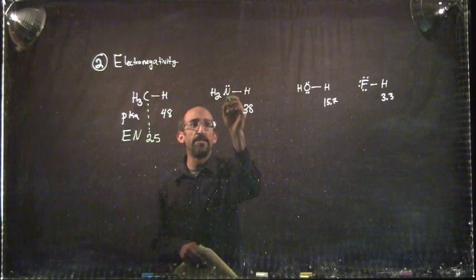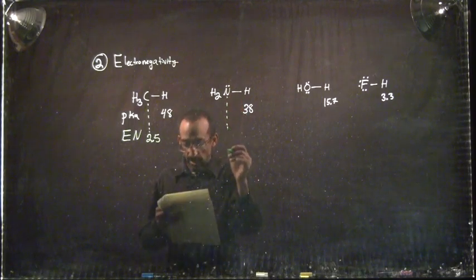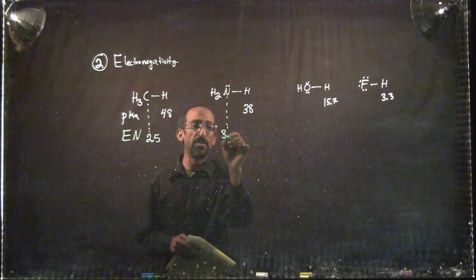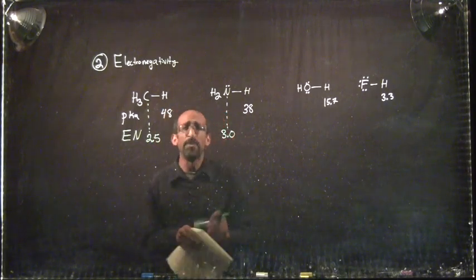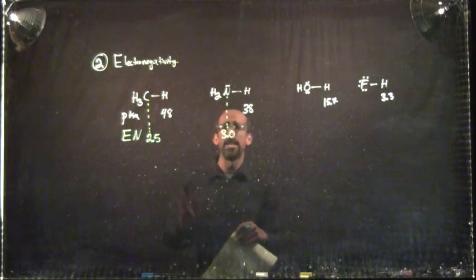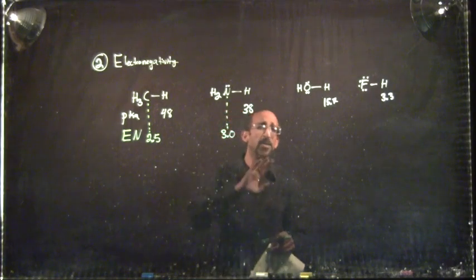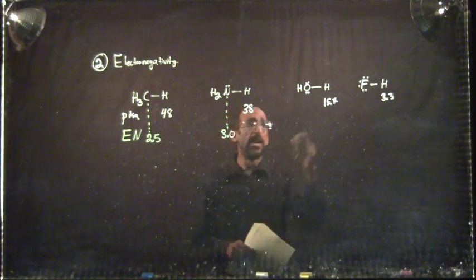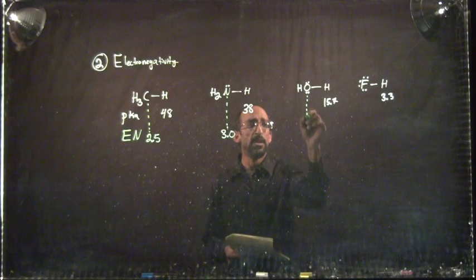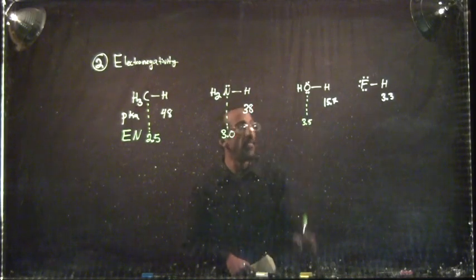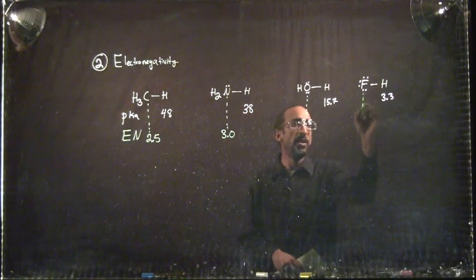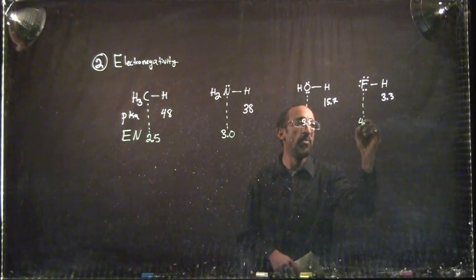The electronegativity of nitrogen is going to be 3.0. I'm using electronegativities from the Pauling scale. There is another scale for electronegativities, but I stick with the Pauling scale, which is more widely adopted. For oxygen, that electronegativity is going to be 3.5. And finally, for fluorine, that electronegativity is 4.0.